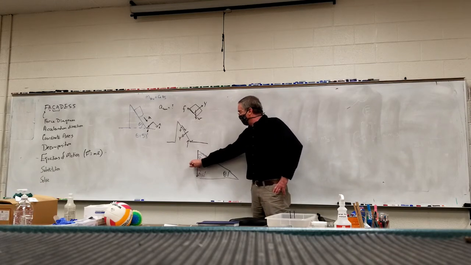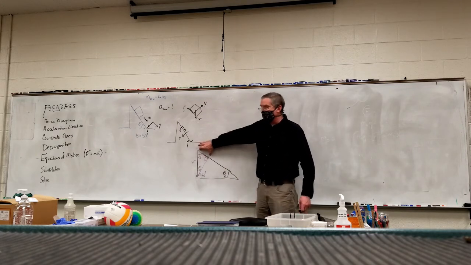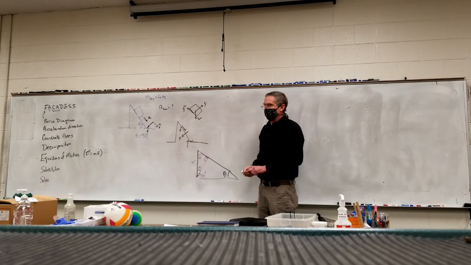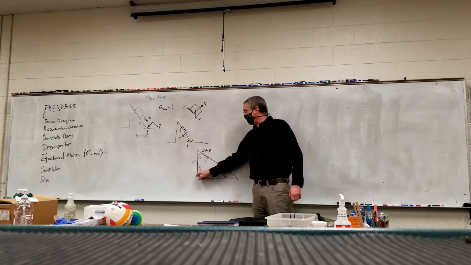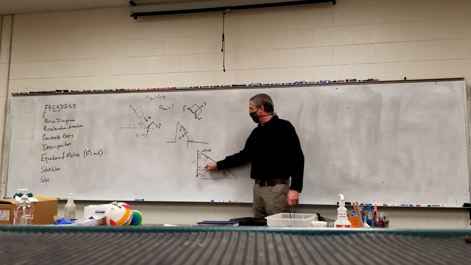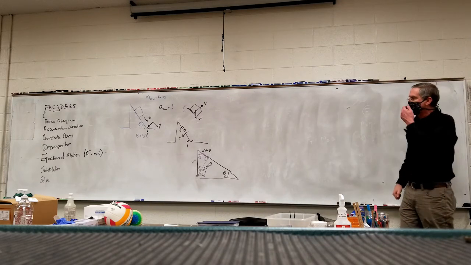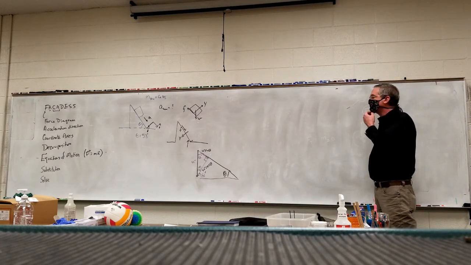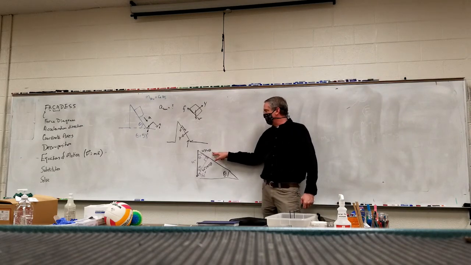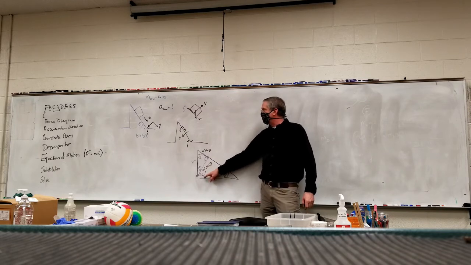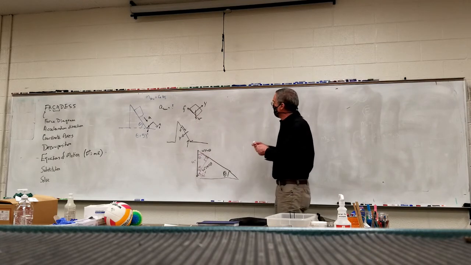So if my hypotenuse is weight, that means that this opposite side to theta involves the sine. This is weight times the sine of theta. The adjacent to theta, this is weight times the cosine of theta. Since weight sine theta i hat plus weight cosine theta j hat gives me weight straight down, I can now change my force diagram there.